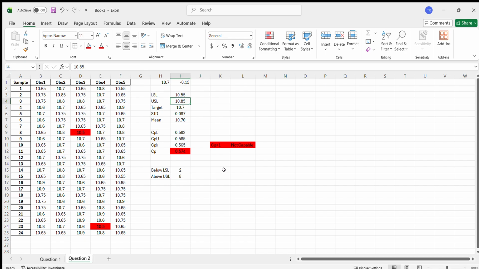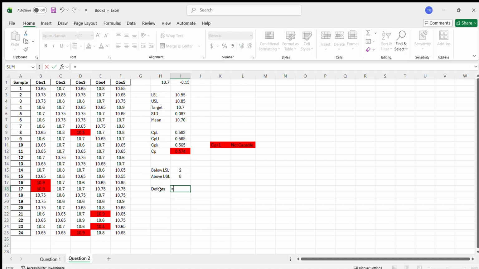So you can tell the process is not capable with 10 being above or below the specification limit. Just looking through them, there's one there, there's one there, it's 2, 3, 4. I won't go through the rest and bog this down, but what we're doing from here is finding out the percentage of defects we have.